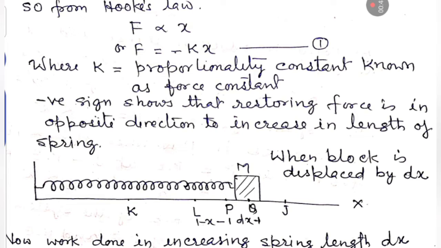Now let us consider a case when the spring is at point P, at a distance x from the equilibrium position, which is LP equal to x. Now, when we pull the spring up to P, we have to perform some work to increase its length.